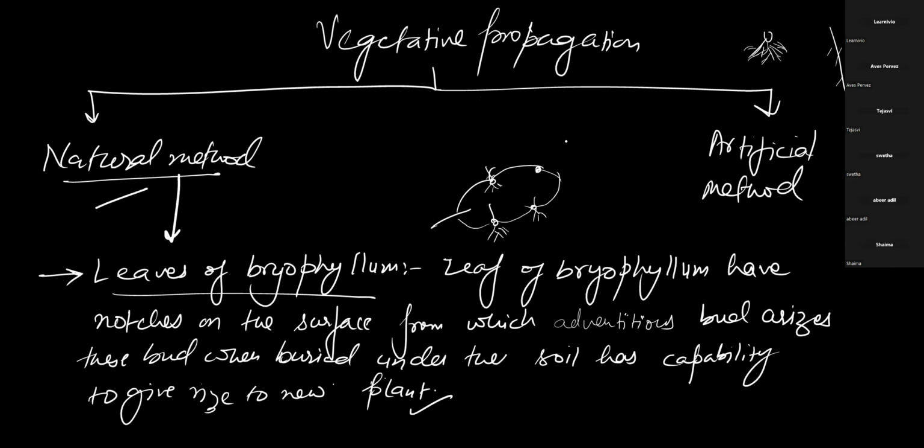The simple answer is that jasmine leaves do not have adventitious buds or notches, which when buried under soil can give new buds. In bryophyllum, we have such buds which, when buried under soil, can give rise to new plants. So please note it down.